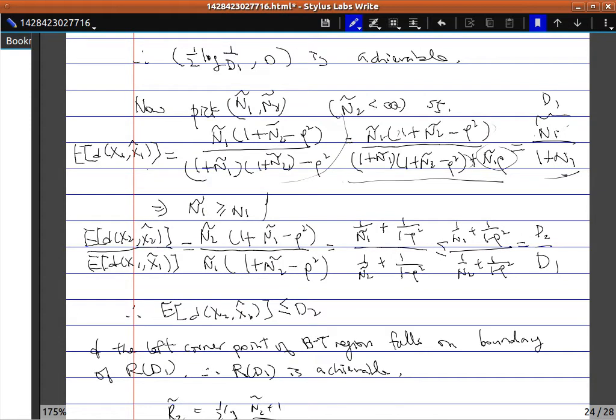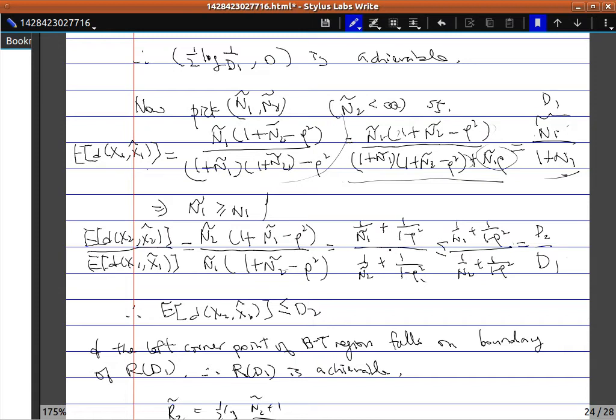For such a choice, the new distortion for x1 is the same as the original d1. Now for the distortion for x2, we can compute the ratio of the distortion of x2 with the distortion of x1. That is equal to this over this, and we can rewrite it this way. The original d2 over d1 is equal to this.